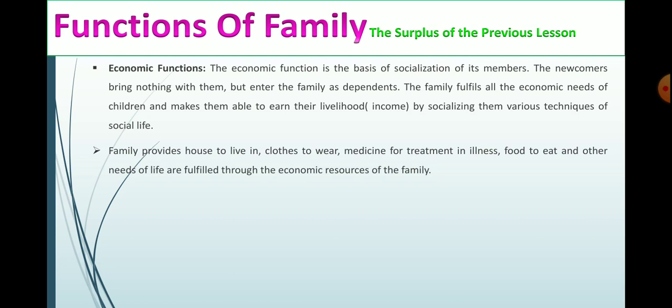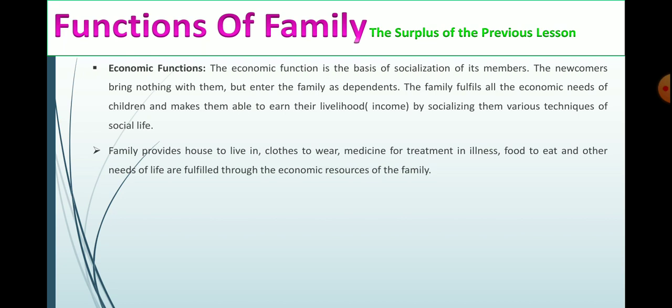As we mentioned before, besides teaching those social ways and techniques for continuing social life, it is the accountability and responsibility of a family to provide residence or a house for its members to live in. Besides, the family should provide clothes for its members to wear, and medicine to be treated.